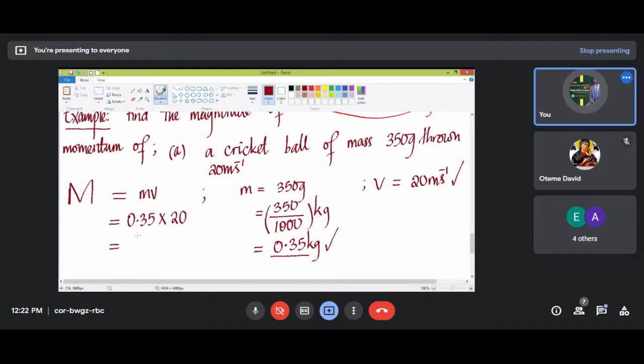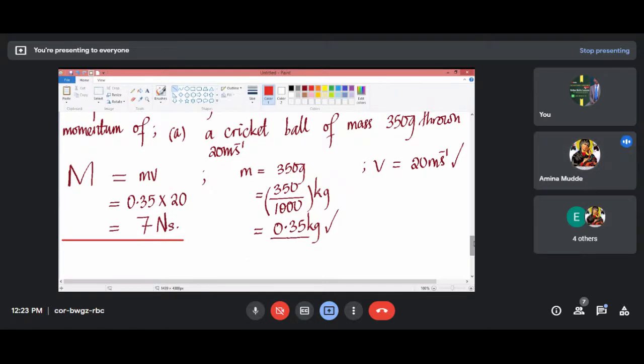Isn't that momentum 7? We agree, class? 7 Newton seconds. Do we agree, members, with that value? Yes, teacher, it's 7.